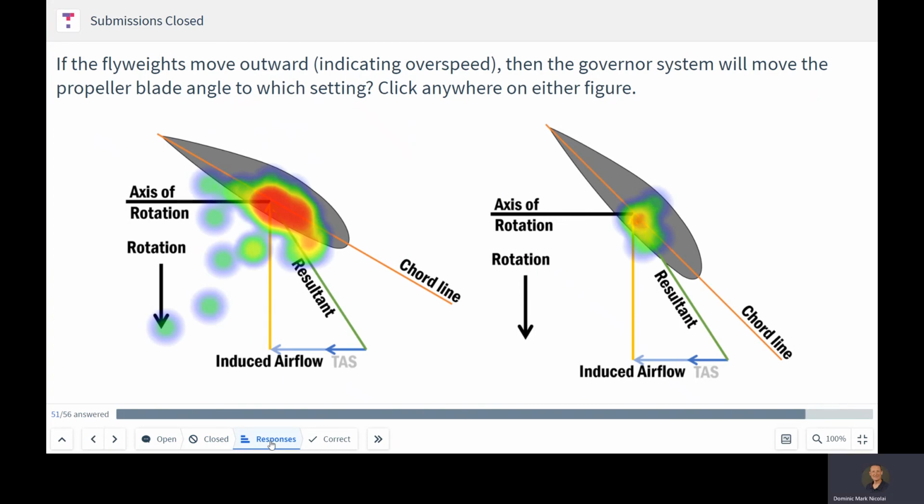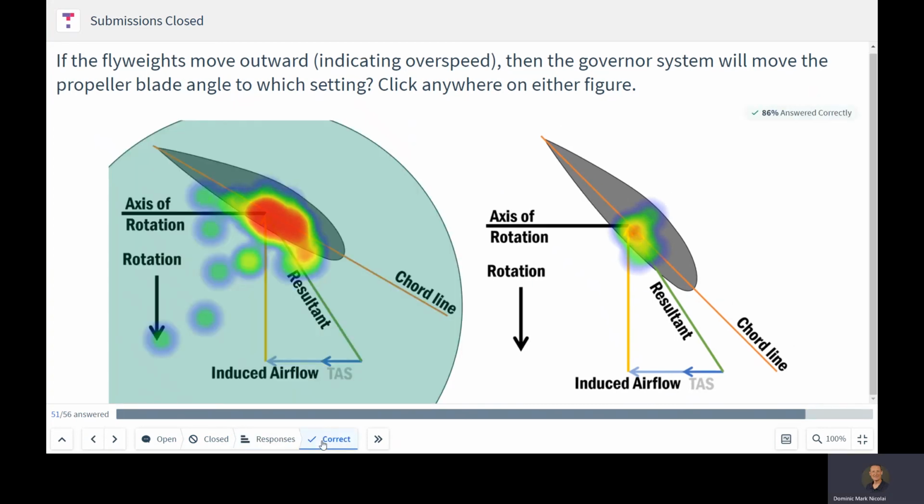All right, most of you got that one. It is the one on the left side. Overspeed condition, we need a greater blade angle, more propeller torque to slow down the propeller.